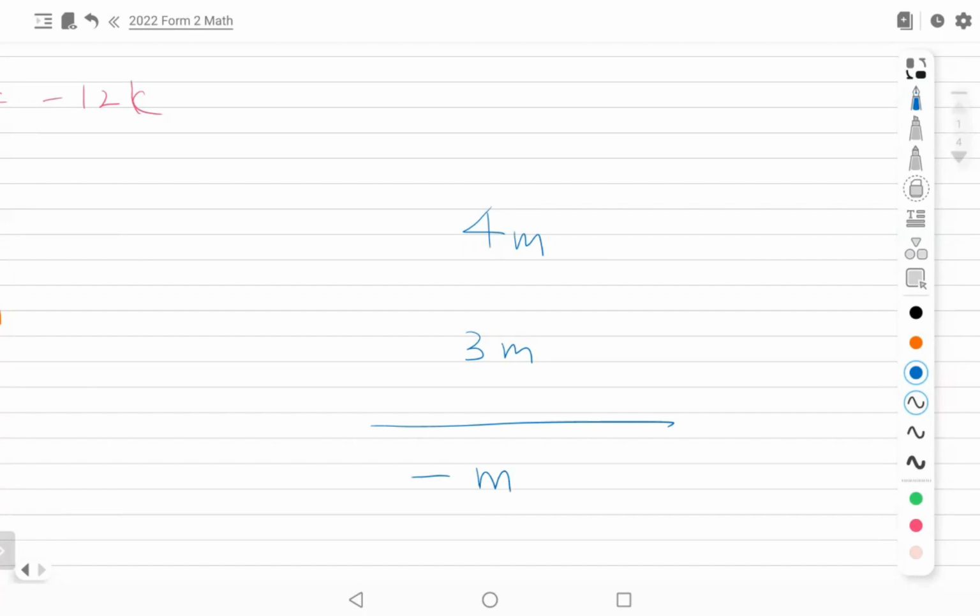So we cannot use the normal one. 4 minus 3 cannot, because it will become a positive value. So when you have a negative value as your answer, we let the larger number carry negative, so that when we sum up, it will become a negative value. This is what I mean. That's how we decide the symbol.